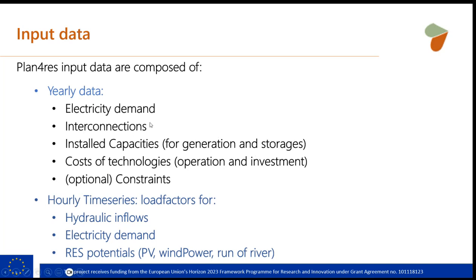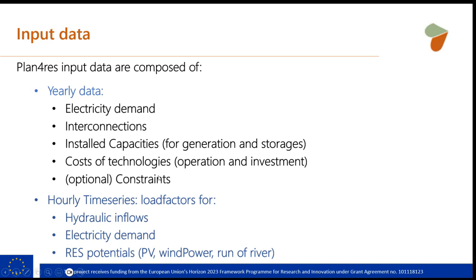Plan4res is composed of 2 parts of data. First is the yearly data, which describes mainly the electricity demand per year, in megawatt hours; the interconnections between the different regions; the installed capacities for all technologies, so that will be generation, but also storages; and all the different costs of the technologies for operation and also for investment.